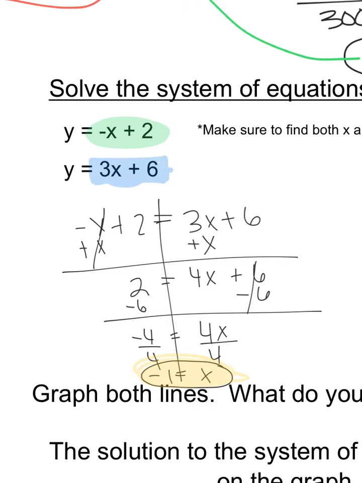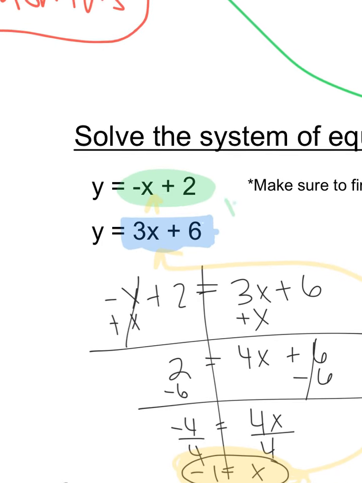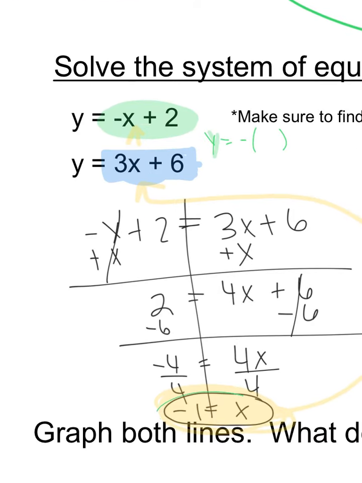Never stop here. This is a system of equations. It started with a y equals, so we need to go back. We need to plug in the negative 1 for these x's and calculate the output. For our first equation, y equals negative, change the x to that negative 1 we got at the bottom.